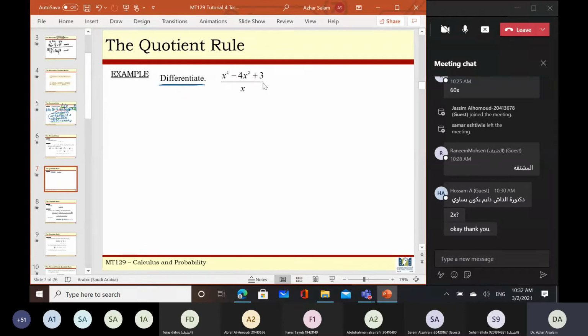Of course, I have here a quotient. A quotient means that I have a numerator and denominator. Okay, I can consider the top function as a function f and the bottom function as a function g.